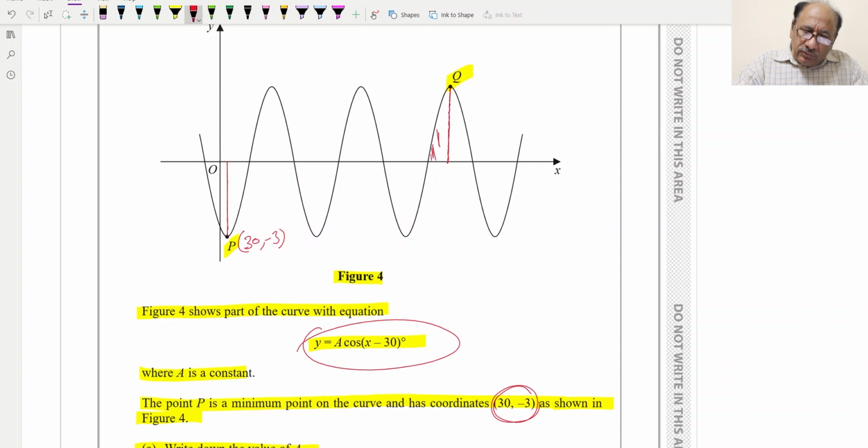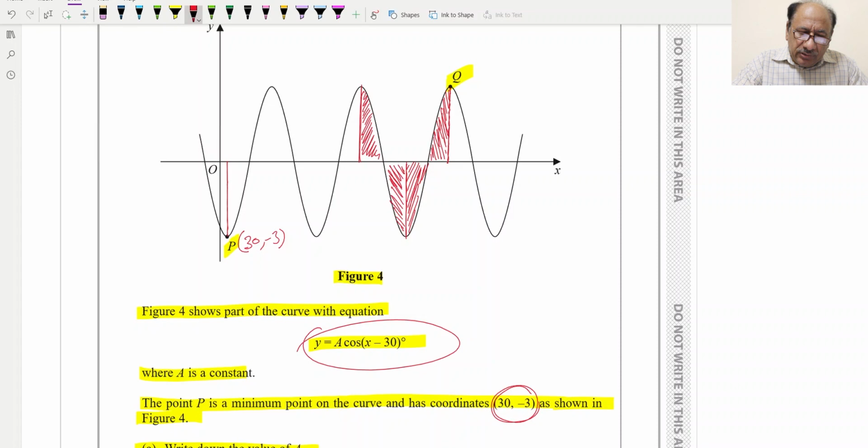this portion will be pi by 2, so we can split them into pi by 2 portions, and this will also be pi by 2, and similarly this portion will also be pi by 2. And for your understanding, I am splitting into pi by 2 or 90 degrees.